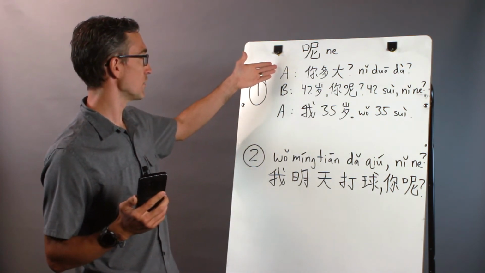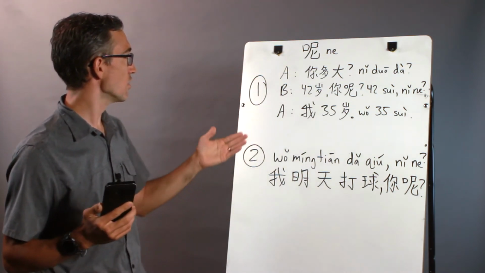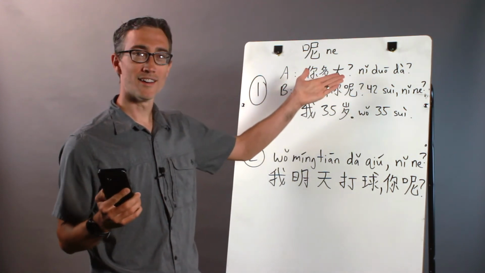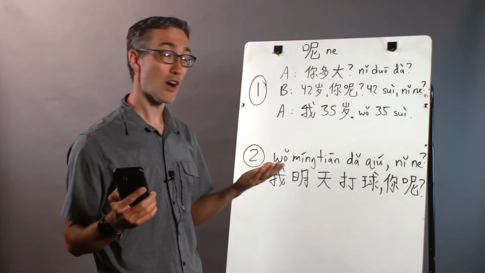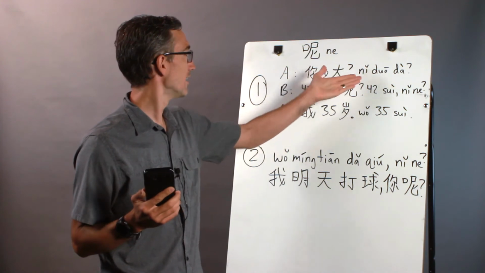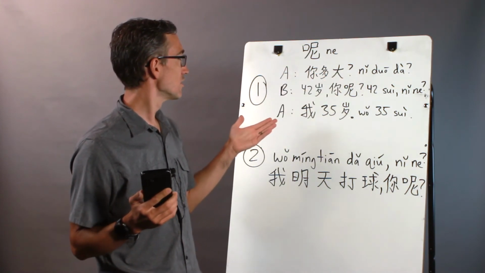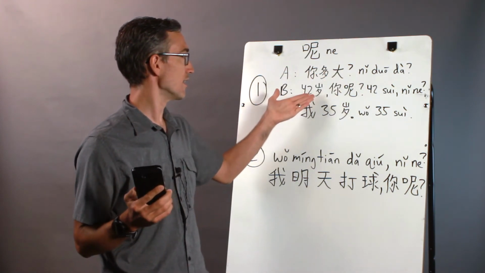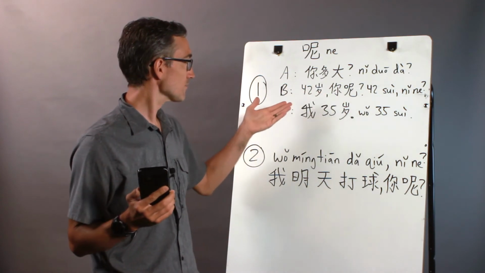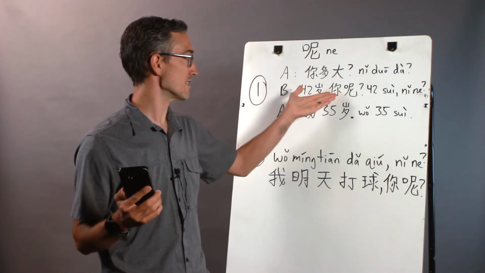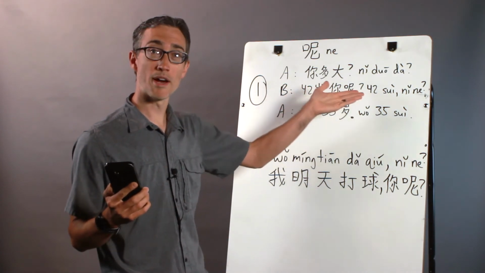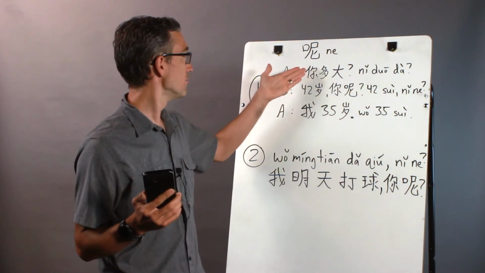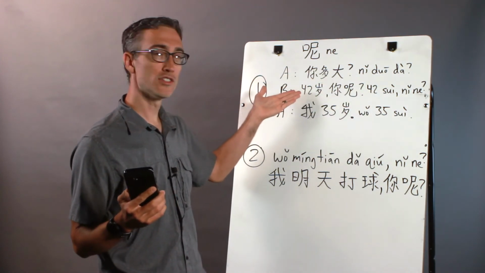There's a dialogue between person A and B, and so A says 你多大? You should know that one. That means how old are you? 你多大? And the answer is 42岁. 你呢? So 42, and then 你呢 means and you, or what about you? So I'm 42.